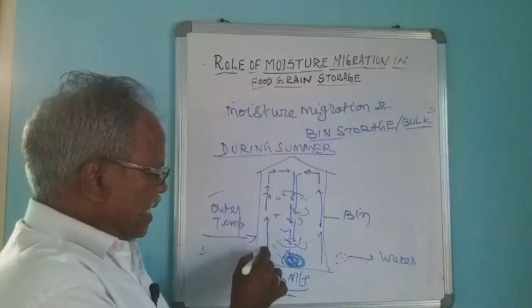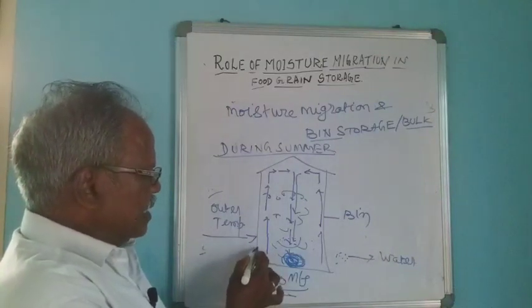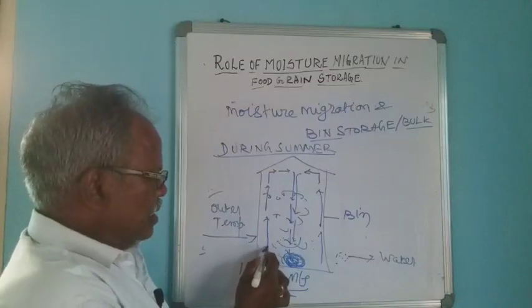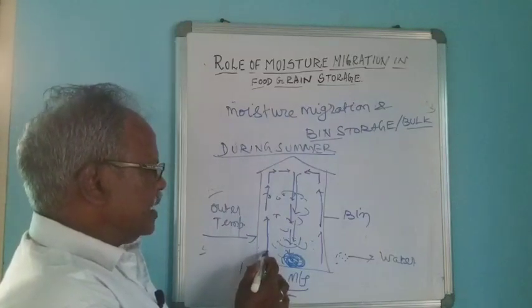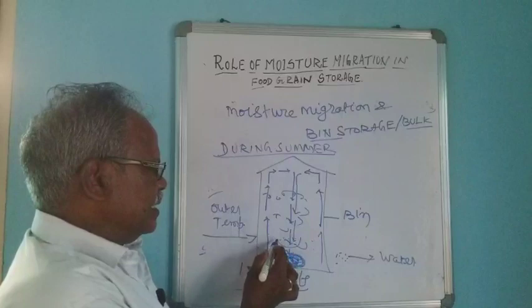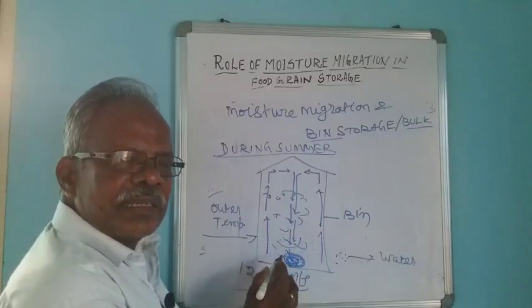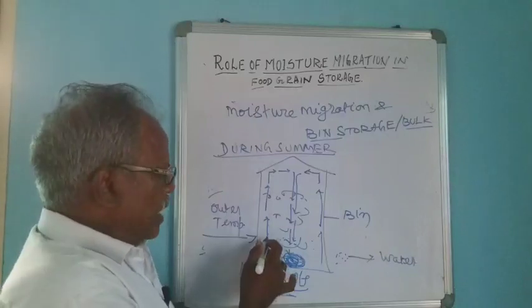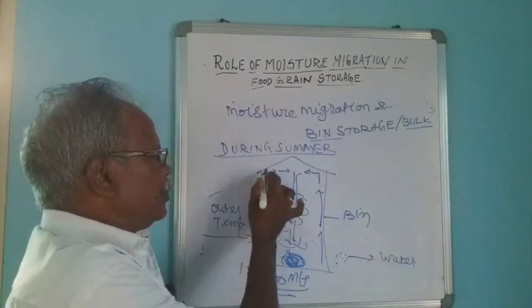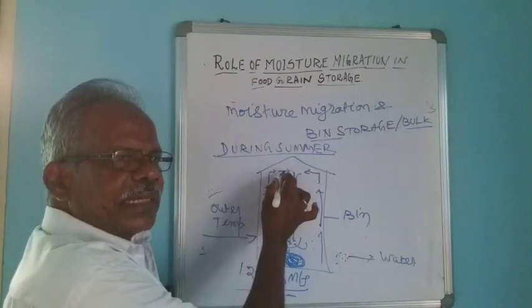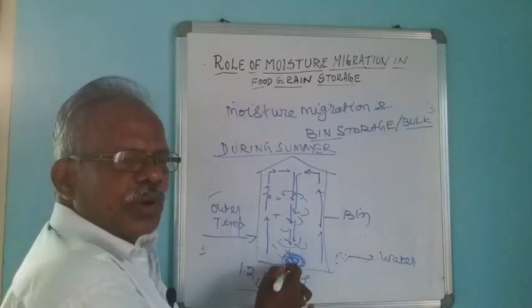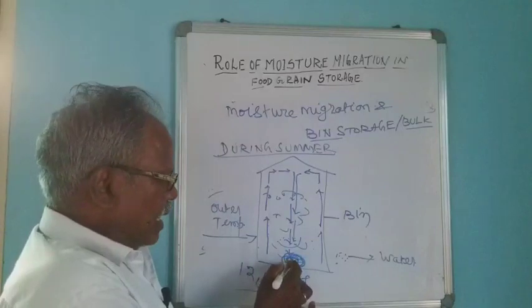Similarly here, due to excess heat of the bin wall, if the moisture is more in the grain, that moisture is migrated as water vapor, going up due to migration, and then it comes down through the center of the core.